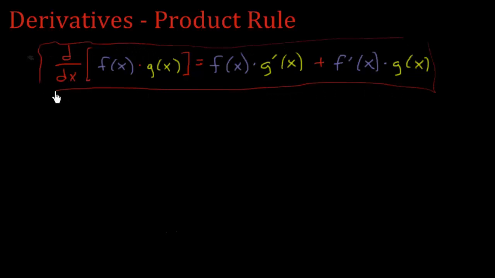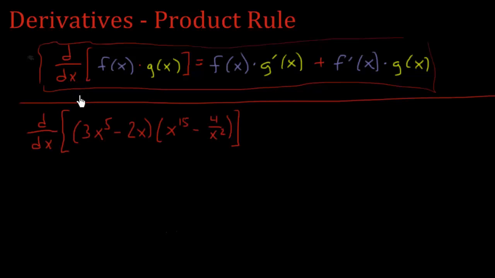Let's go ahead, and I've got two examples set up for us. Our first example is to take the derivative of the product of 3x to the 5th minus 2x, and x to the 15th minus 4 over x squared.